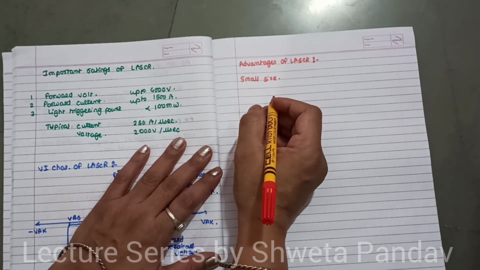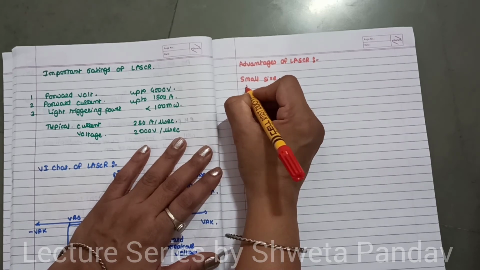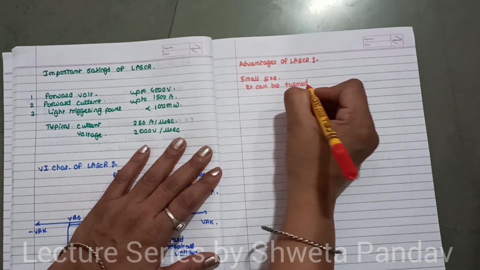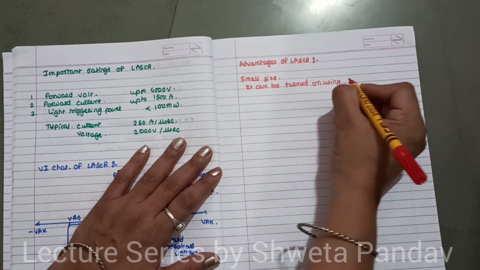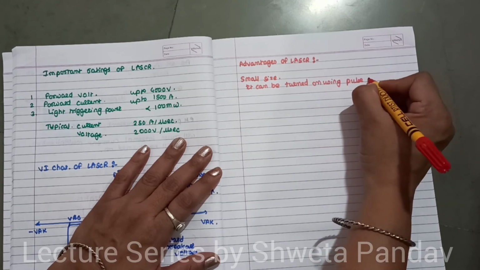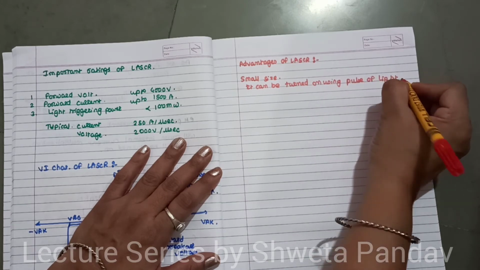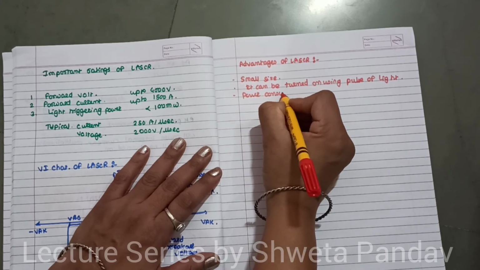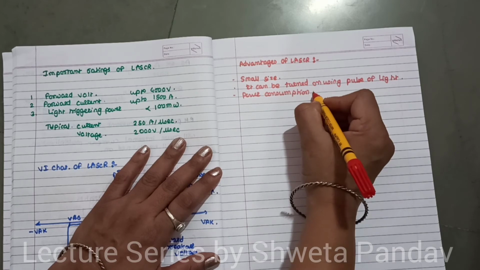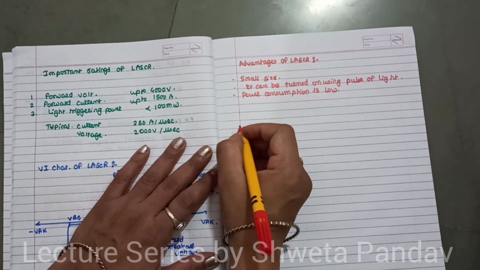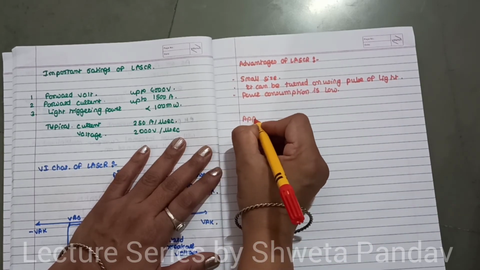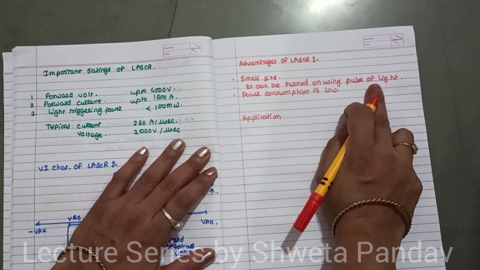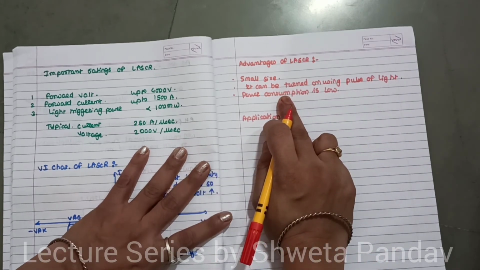It can be turned on using a pulse of light. And its power consumption is very low. So these are some of the advantages of LASCR. Its size is small, it can be turned on using a small light pulse, and its power consumption is very low.